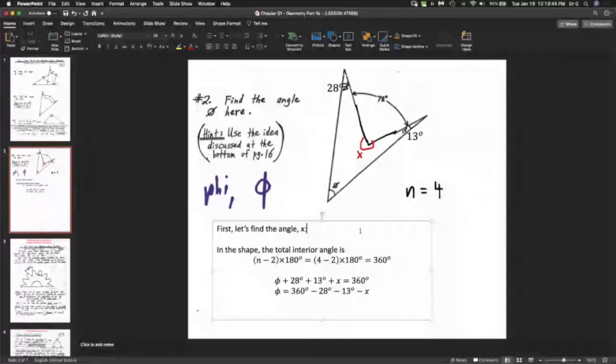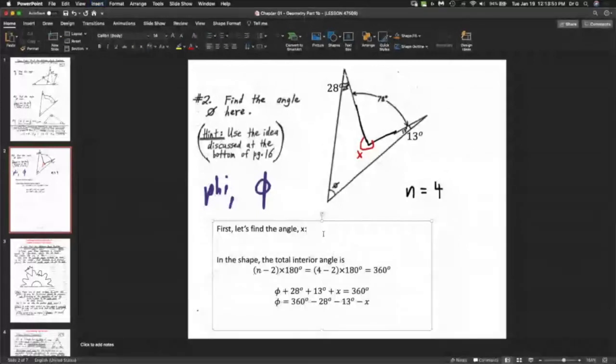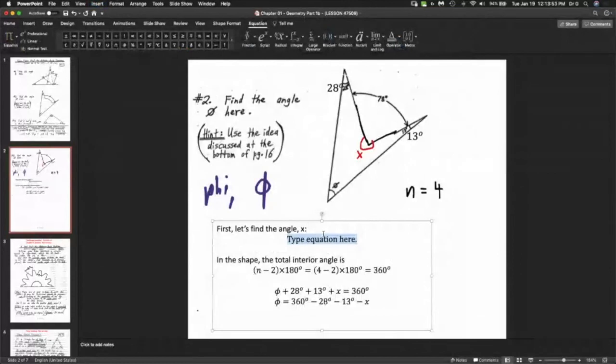Looking over here, can anybody tell me what X would be? Who knows what X is equal to? Thank you, Ram. Can you tell the class how you got that number? Perfect. So Ram used the formula 360 minus 78.